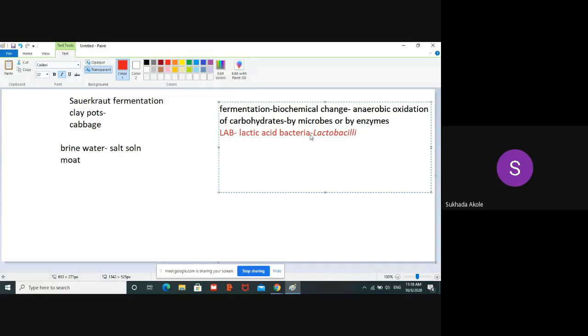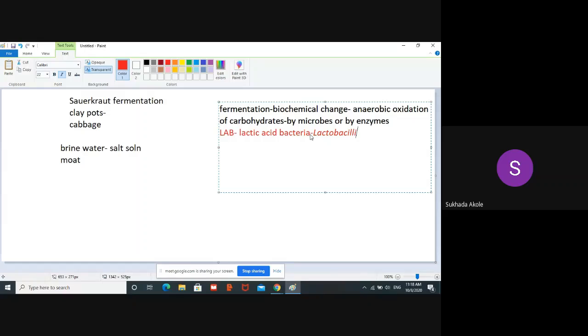Here in this case, lacto is not referring to the lactose found in dairy, but the lactic acid that is produced by the breakdown of sugars by these lactobacilli.